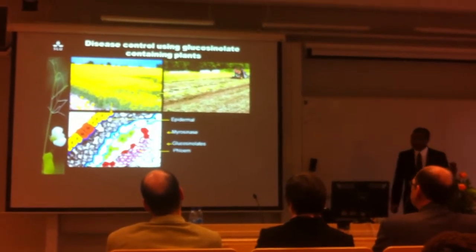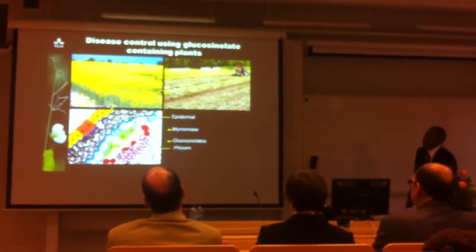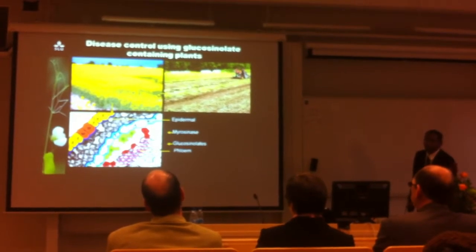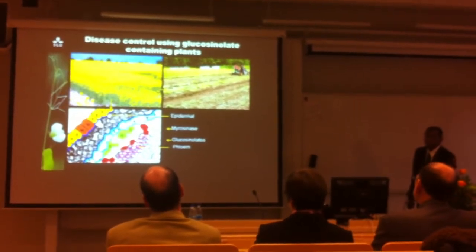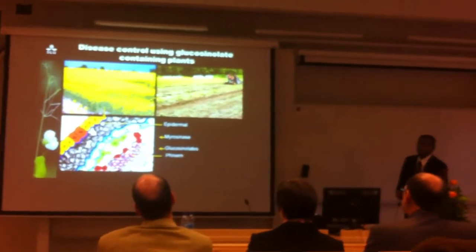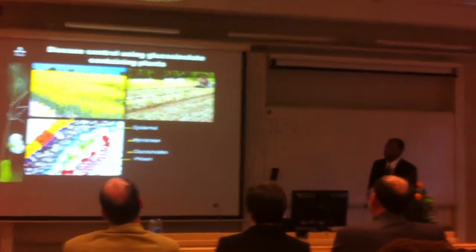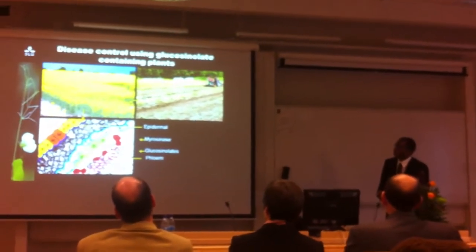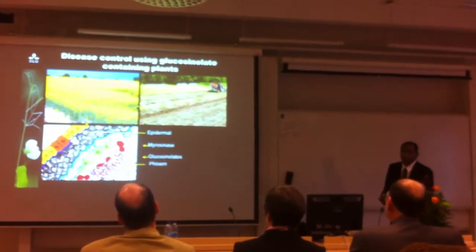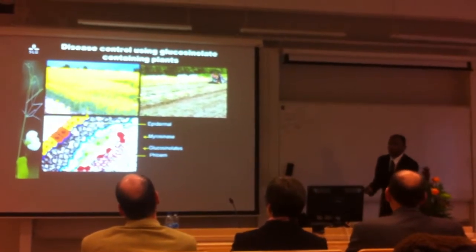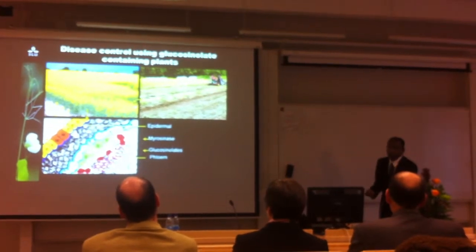Brassicas are mainly used for oil production, and in agroecosystems they are also used as cover crops to protect the soil from erosion and nutrient leaching in fallow seasons.